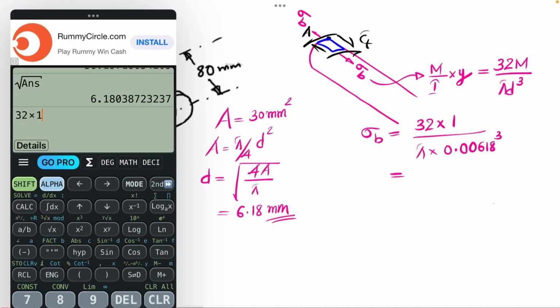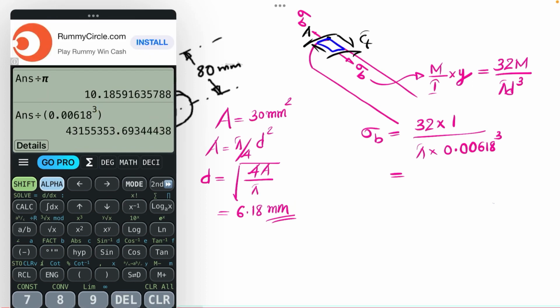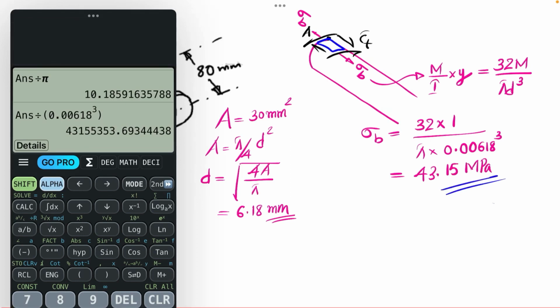So 32 into 1 divided by pi divided by 0.00618 the whole cube. So this value will be 43.15 megapascal. This will be the answer.